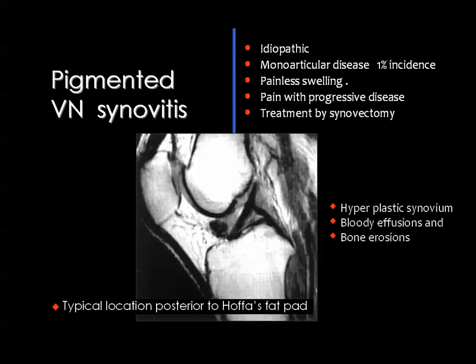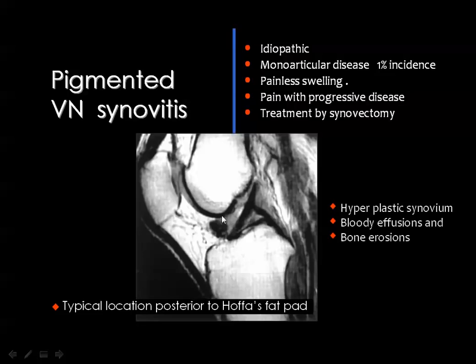Pigmented villonodular synovitis is a disease of unknown etiology. It is a monoarticular pathology. It will result in synovial masses containing pigments, so they will appear of dark signal in the T2 weighted images. Typical location of pigmented villonodular synovitis is in Hoffa's pad of fat.